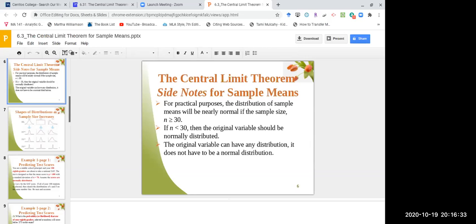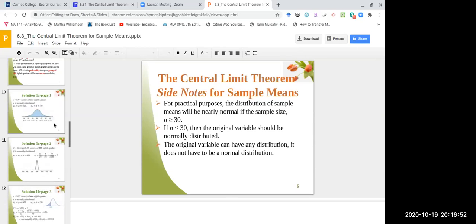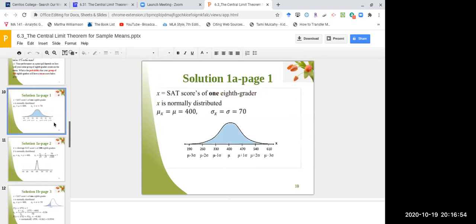So pay attention to these assumptions on slide 6. Now, when you go to do the calculation, it's very similar to the first. Let me go back.